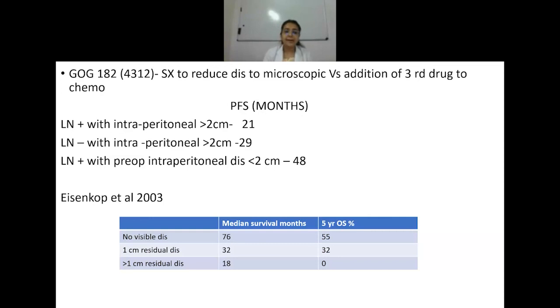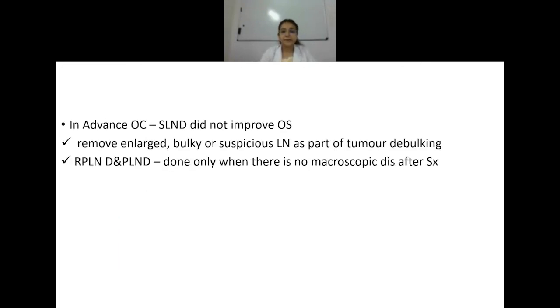Also, Eisenkop et al. studied the residual disease and its effects on median survival and 5-year overall survival. So they also concluded that no visible disease has clear benefit in overall survival and median survival. So in advanced ovarian cancer, we address the lymph nodes by removing the enlarged, bulky, or suspicious lymph nodes as a part of tumor debulking.